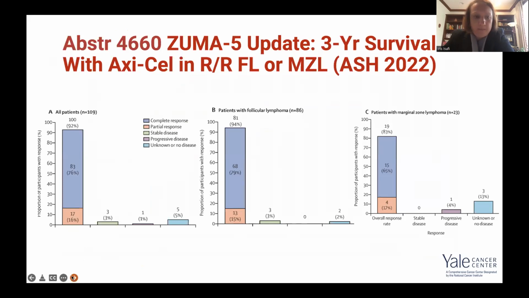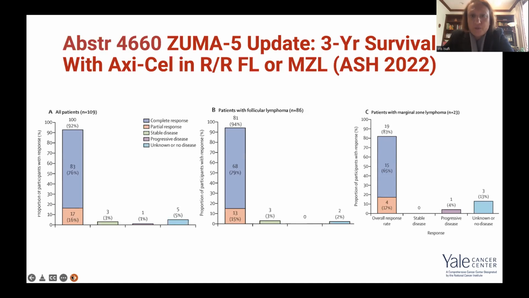So I'm not going to spend a lot of time here, but just to shift gears, I want to bring your attention to the fact that CAR T cell therapy is also approved for patients with follicular lymphoma in the 3rd-line setting. This is based on 2 trials, ZUMA-5 with axi-cel and ELARA with tisagenlecleucel.